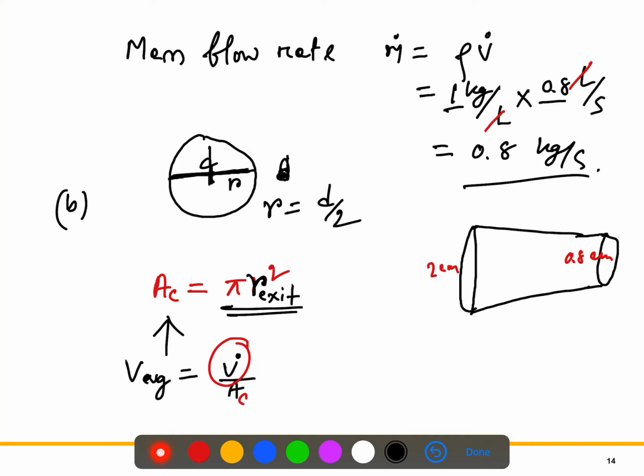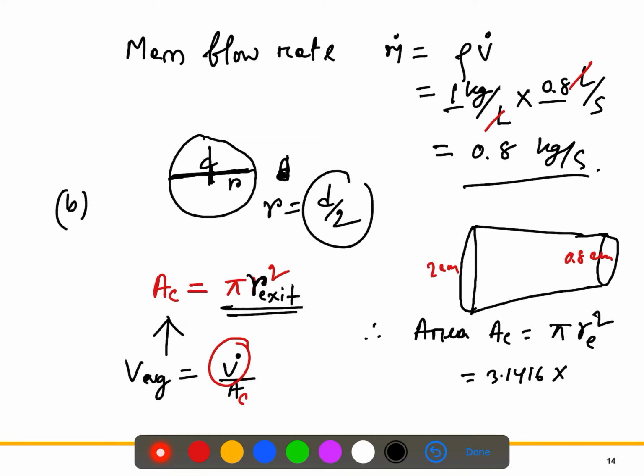So let's say, guys, the cross-sectional area AC is equal to pi r squared, with E meaning the exit. Pi is a constant, 3.1416, and the radius is the diameter over 2, so 0.8 over 2 in centimeter, squared.